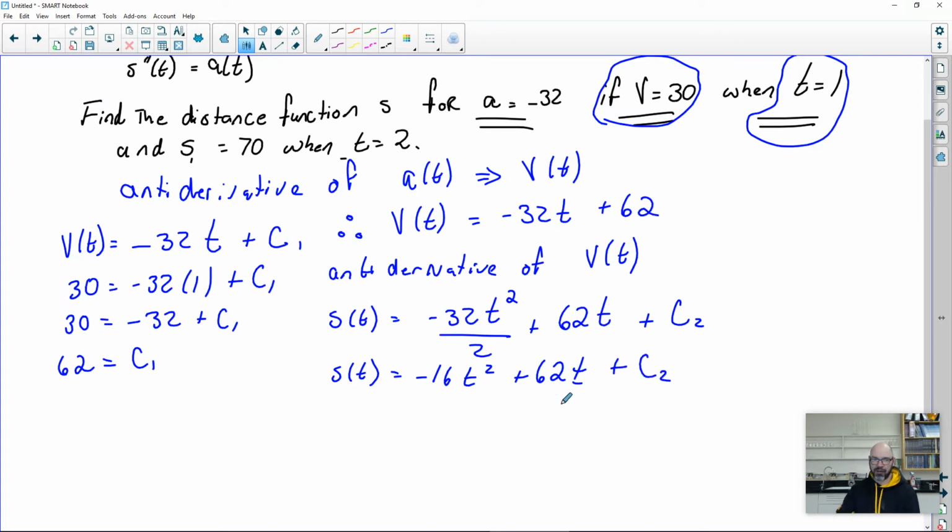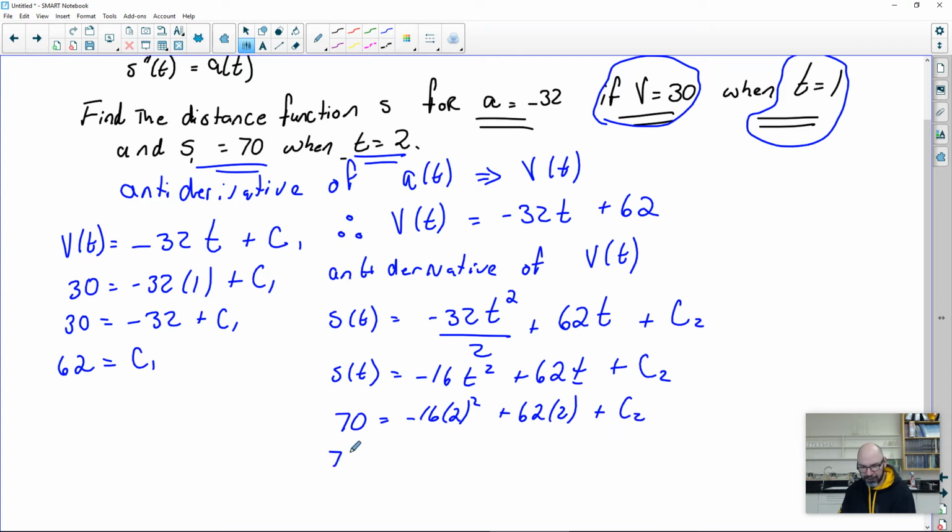Okay, now we can use this information to find out what the second constant would be. So the distance is 70 when t is 2. So this is negative 16 times 2 squared plus 62 times 2 plus C2.